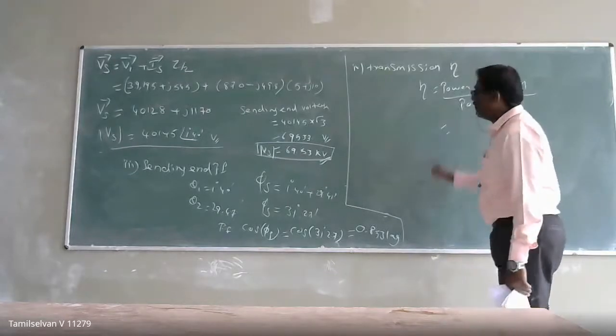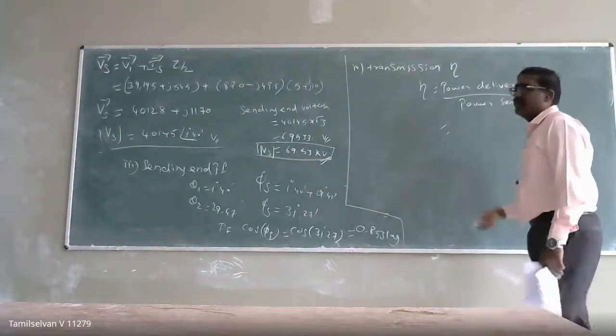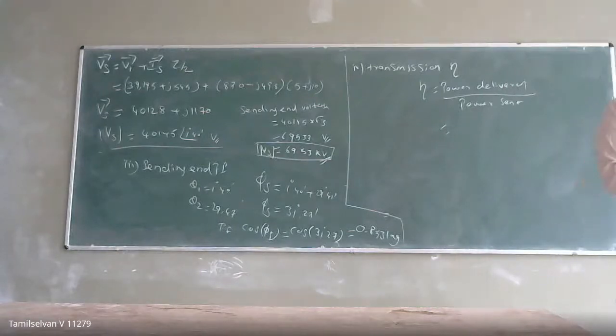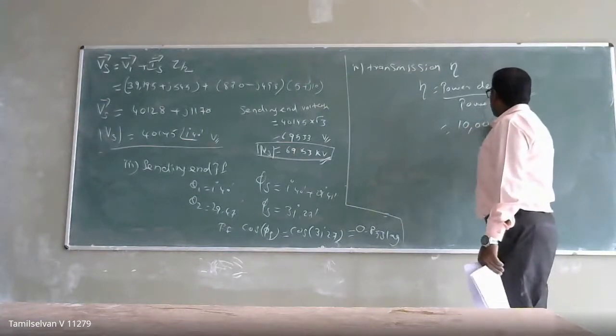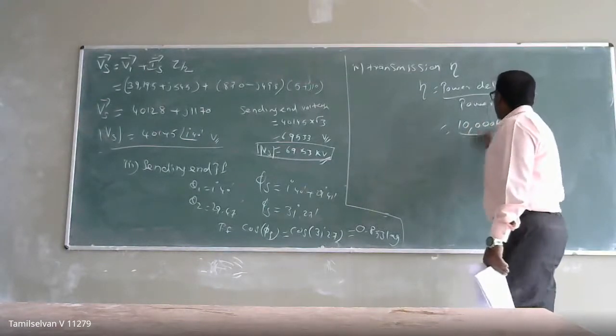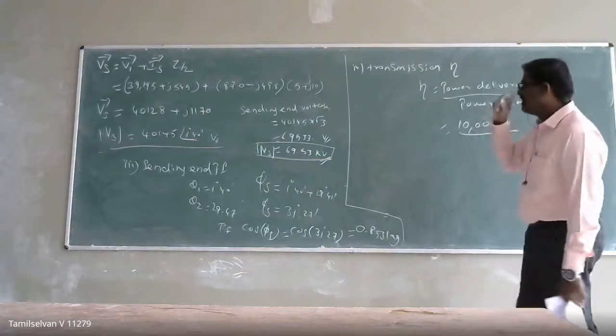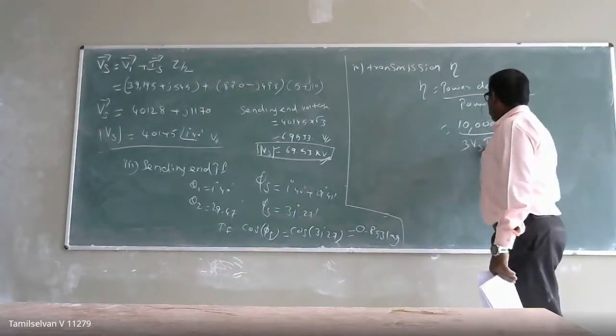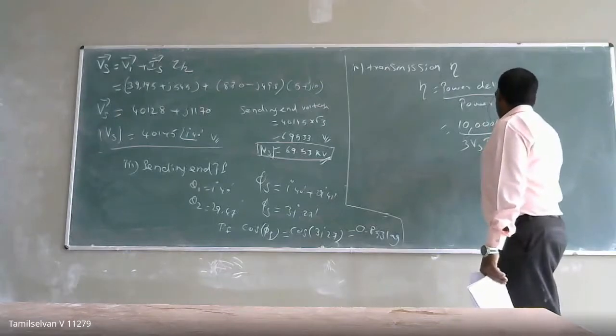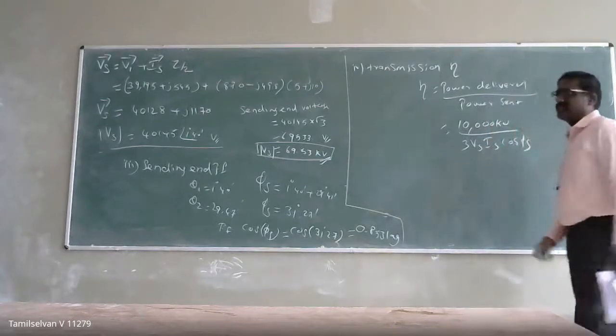Power delivered by the load is 10,000 kilowatt, they have given already. But power sent, since it is a three-phase circuit, is 3 into Vs into Is into cos phi s. This is the power sent.